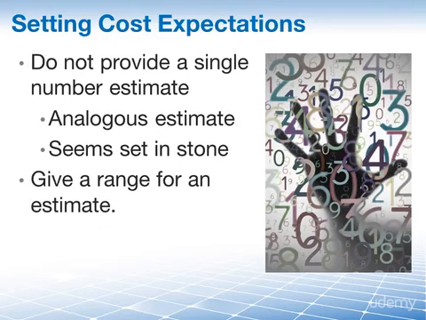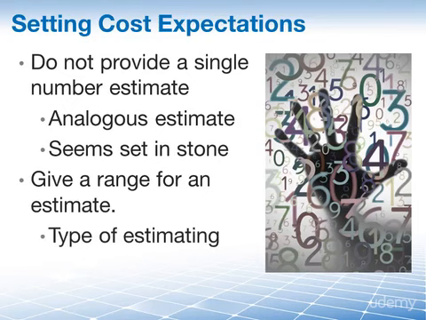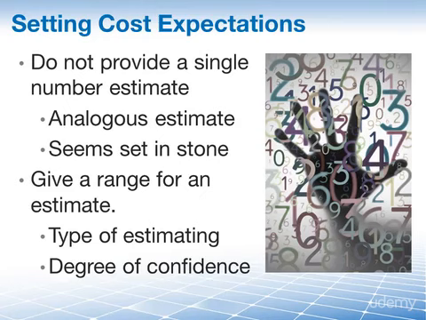Follow the second rule. Give a range for an estimate. The size of the range is dependent on the type of estimate that you have done and your degree of confidence in your estimates. So never provide a single number estimate. Always give a range.